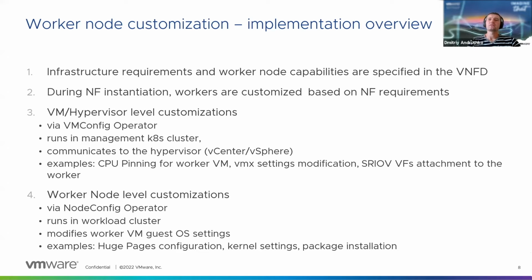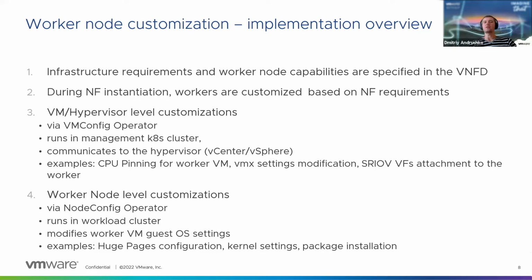the Linux operating system where the worker node runs. Examples of these modifications are quite a few. For example, installation of custom packages which are required to run a given network function, installation of dependent libraries, modification of kernel settings, or even modification of the kernel itself.